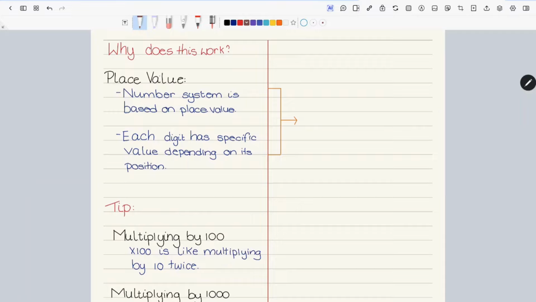So if we multiply by 10, we're essentially moving each digit one place to the left. This creates a new empty space at the end, where we fill in 0.